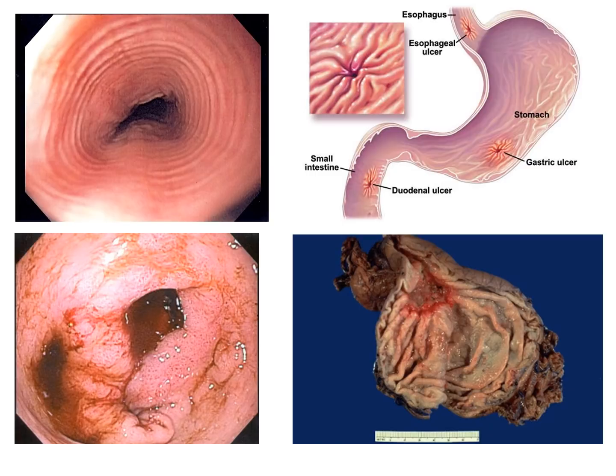You can see those rugae and folds of the stomach in the cartoon, but also in the post-surgical specimen, and notice that big ulcer within there. And then you can see a bleeding ulcer, a large bleeding ulcer on the endoscopy.